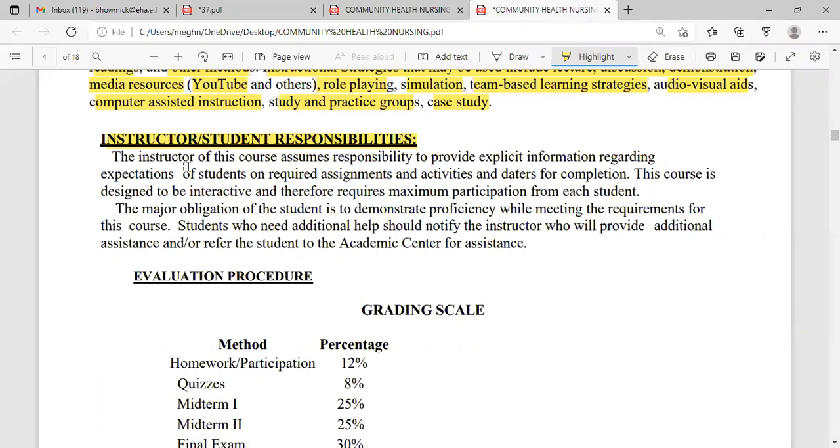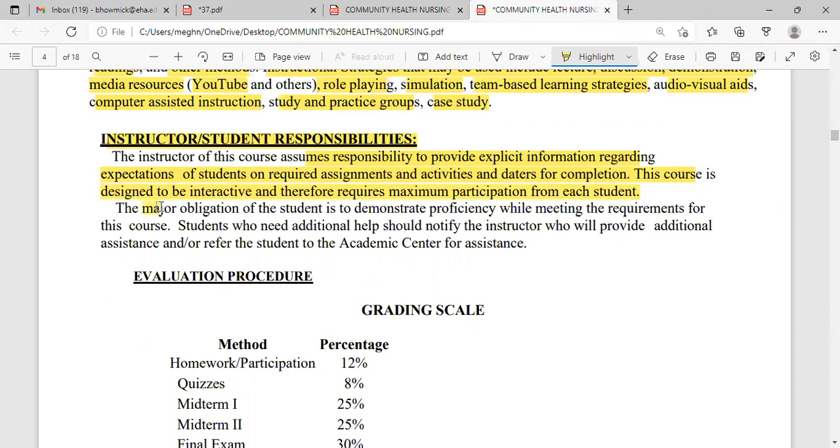So the instructor in this course assumes responsibility to provide the information regarding the expectations of the students on required assignments and activities, right? This course is designed to be interactive and therefore requires maximum participation from each student.